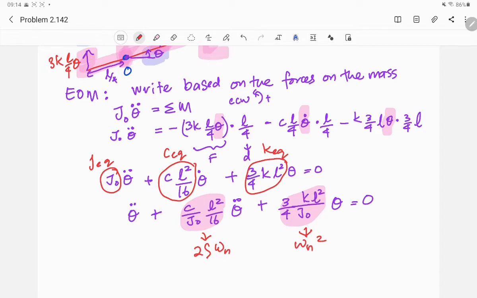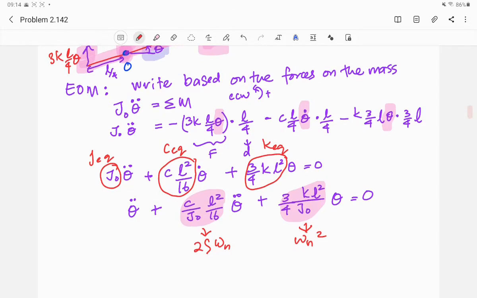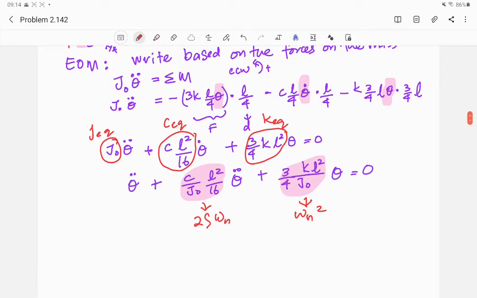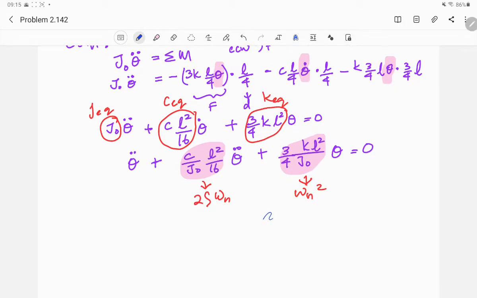Alright, so depending on the question, in this case they ask you to find the omega n. So you can write your omega n. Your omega n is equal to the square root of 3 over 4 KL square divided by J naught.